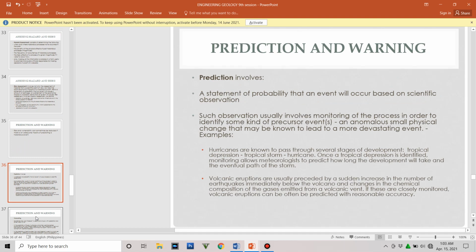And then we also have volcanic eruptions, which are usually preceded by a sudden increase in the number of earthquakes immediately below the volcano and changes in the chemical composition of the gases emitted from a volcanic vent. So if these are closely monitored, volcanic eruptions can often be predicted with reasonable accuracy.